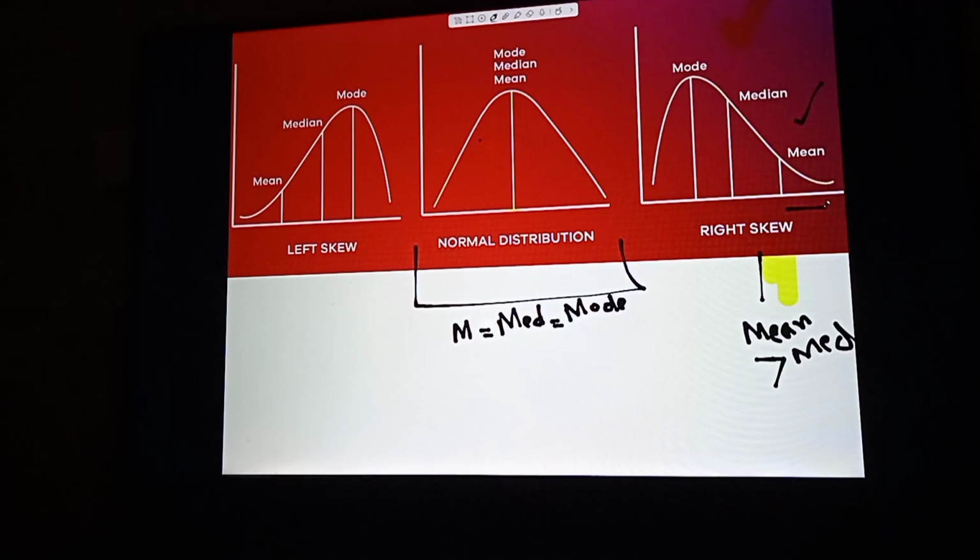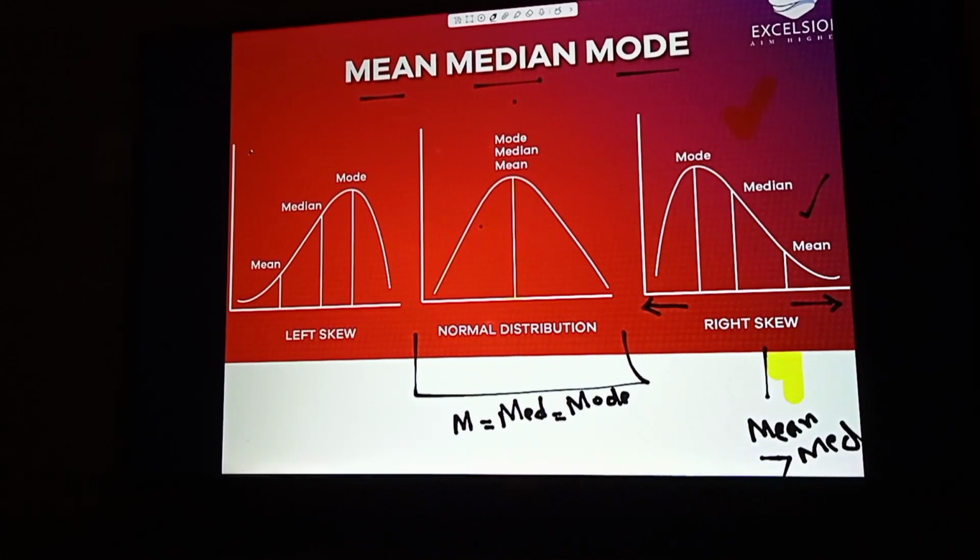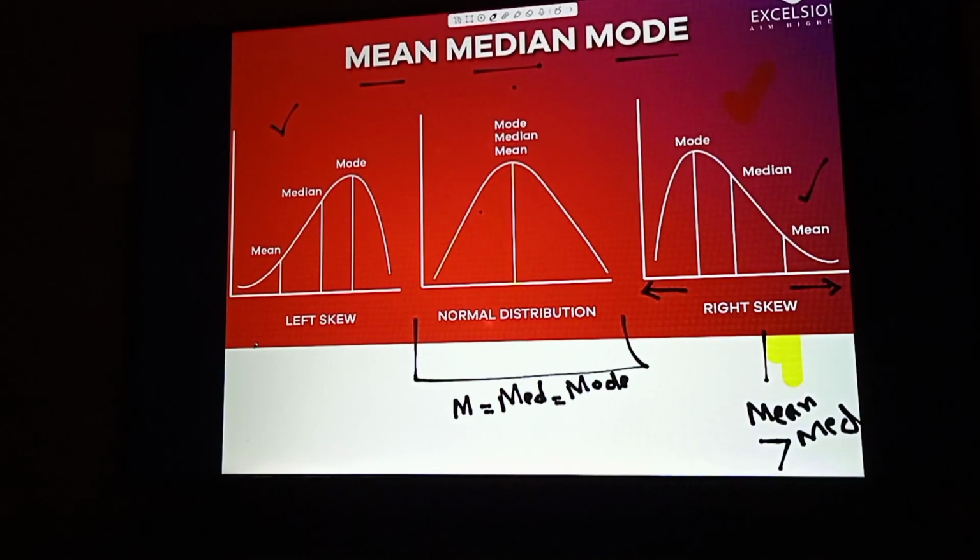This is the right side, so larger values are on this side, and smaller values are always on the left side. Now here is the third case, called a left skewed distribution. In a left skewed distribution, mean is less than the median.